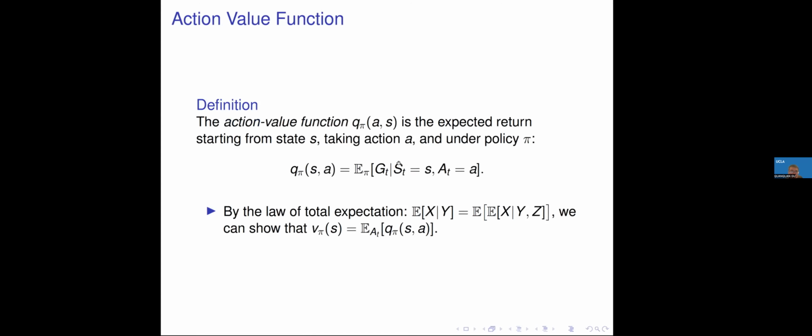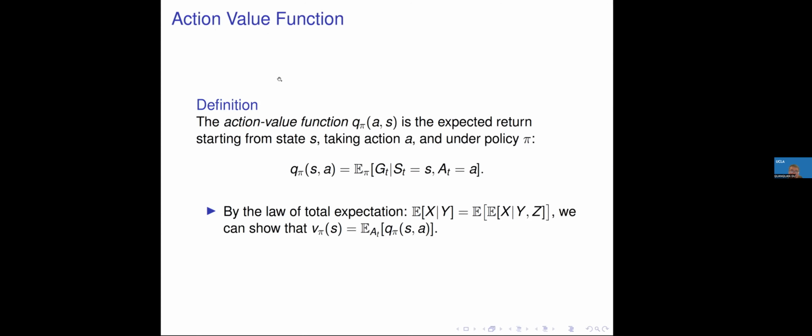Another value function is called the action value function, or sometimes people just call it the Q function. This Q function is exactly the Q when people talk about Q learning or deep Q networks. So that Q is this Q. It's essentially the action value function, which is the expected return from state s by taking action a and following the policy pi.